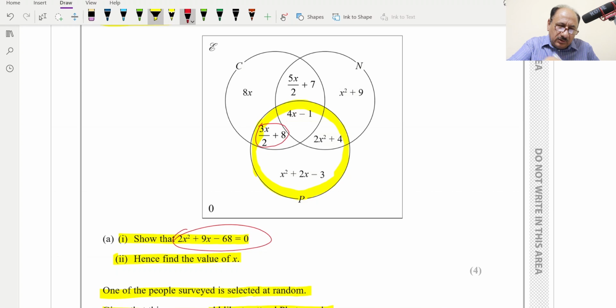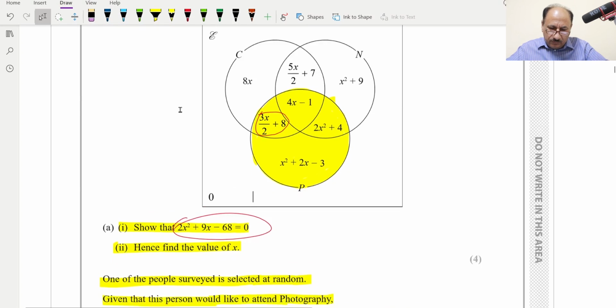So if I have to recolor, only this portion we have to check, and the red circle with whatever I've circled is basically for the numerator for the probability.